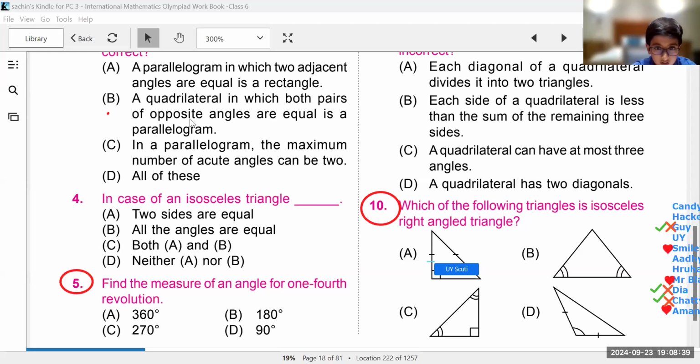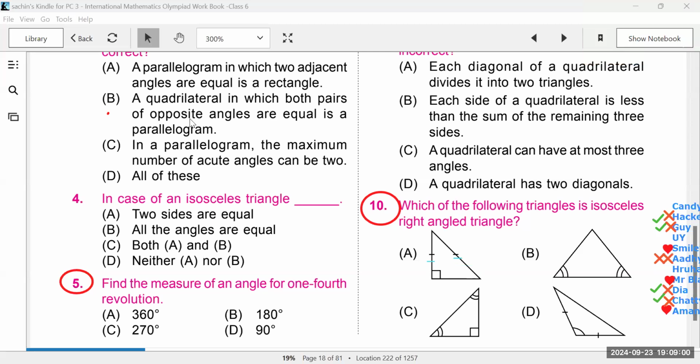So these lines. These lines mean these two sides are equal.